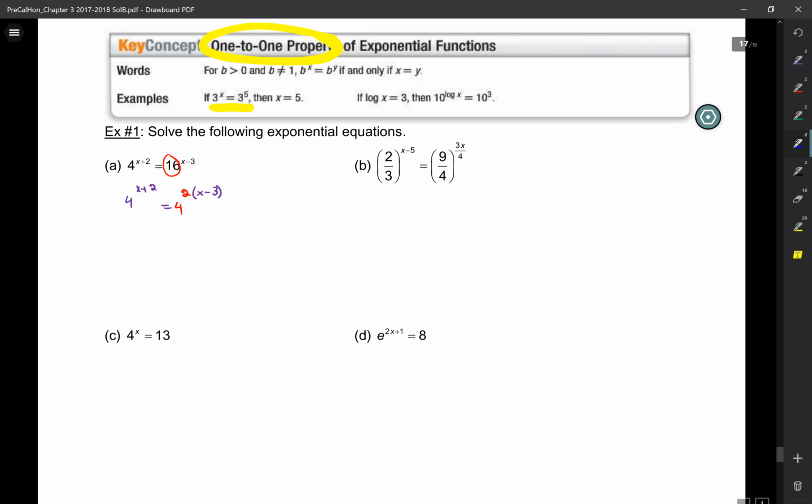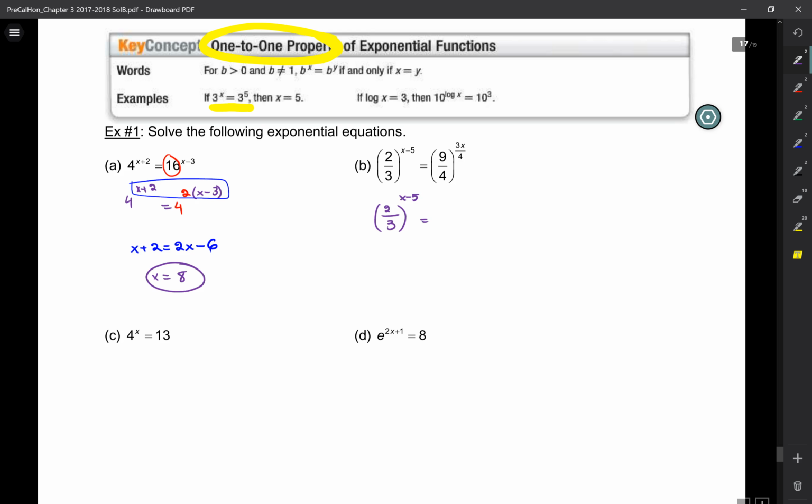Now I can just set the exponents equal to each other: x plus 2 equals 4x minus 6. So x is equal to how much? Right, 8.